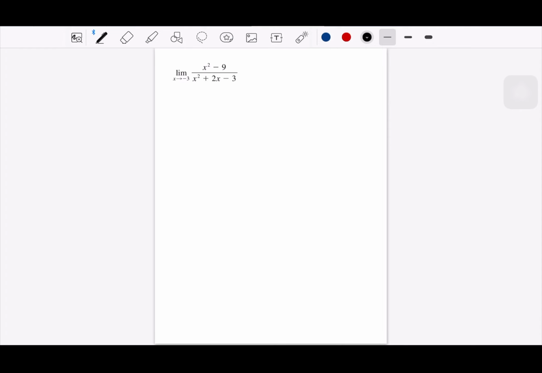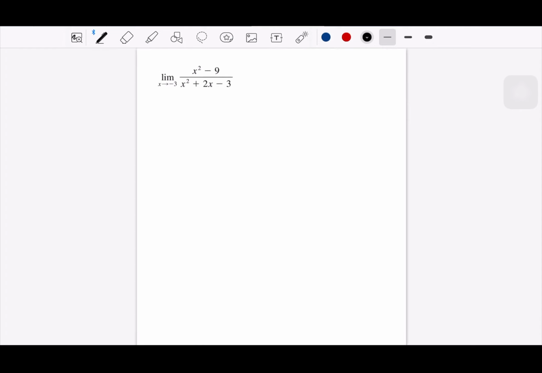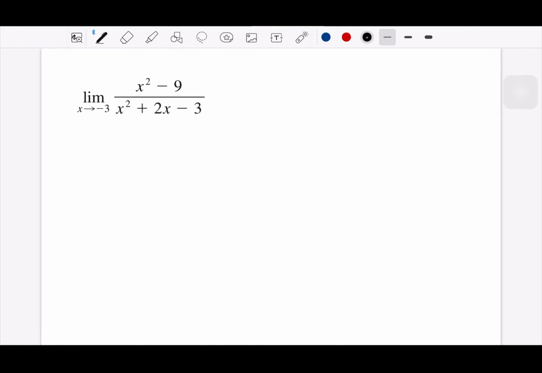Okay, we can start. The question is to compute the limit. So this is pretty basic. You can start by saying that this part here we can factorize, with 3 and -1, right?